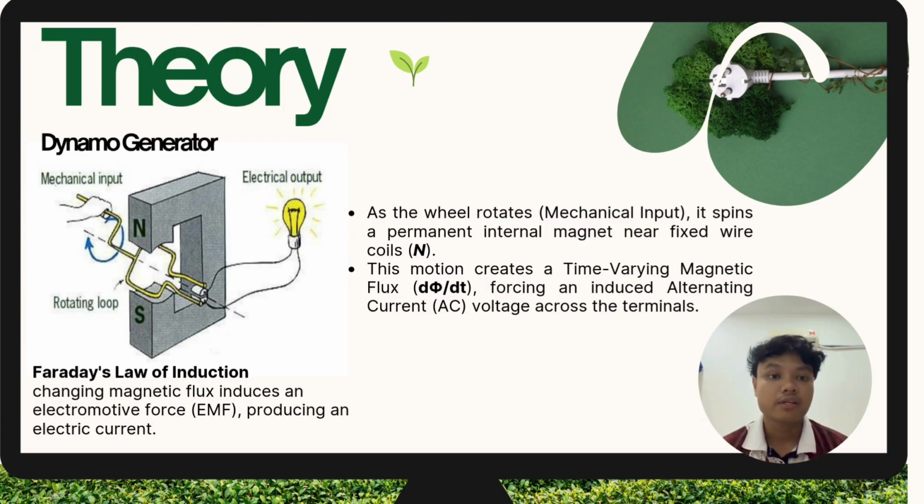Since the magnetic field continues to change direction as the magnet rotates, the induced voltage also alternates between positive and negative values, producing an AC output. Therefore, the dynamo generator converts mechanical energy into electrical energy through electromagnetic induction.